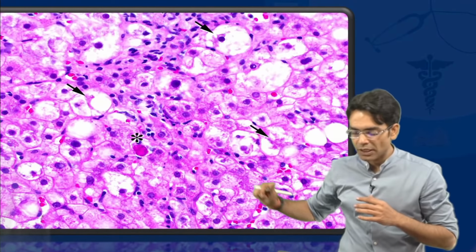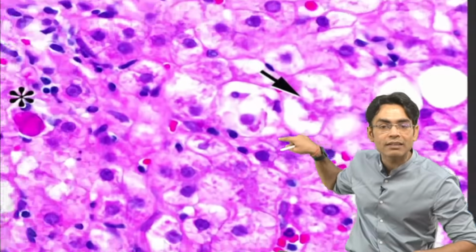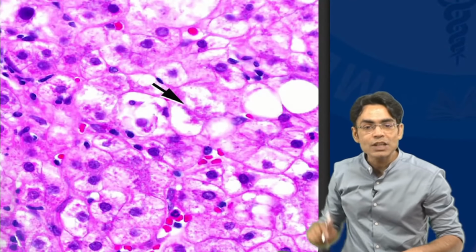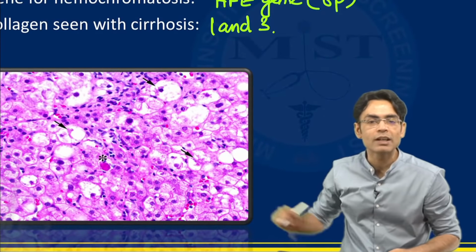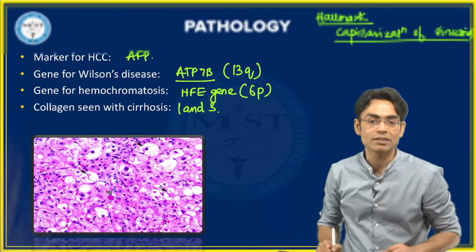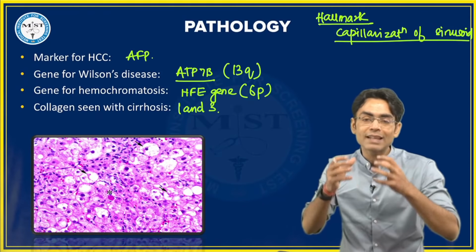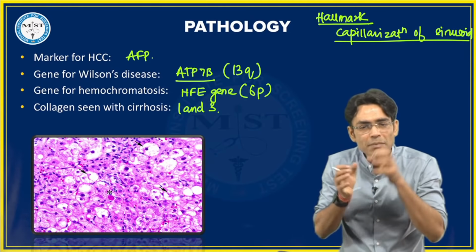Here is the Councilman body, but this particular thing, when you see inside the hepatocyte, these are your Mallory-Denk bodies. So we have two things, Councilman and Mallory-Denk. Councilman is like the hepatocyte itself becoming very small and pinkish.